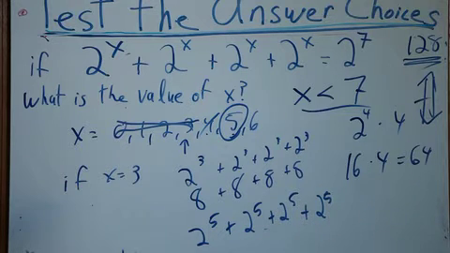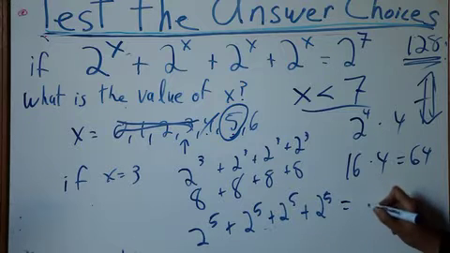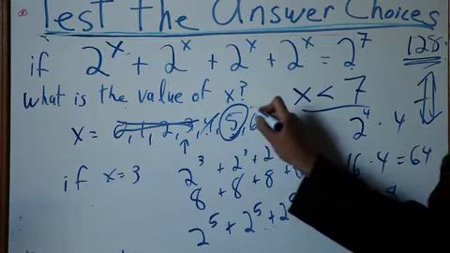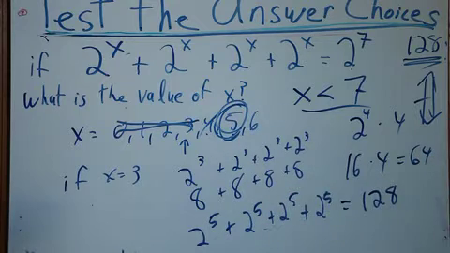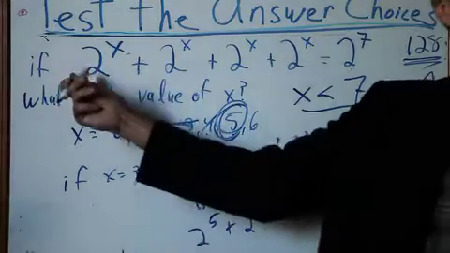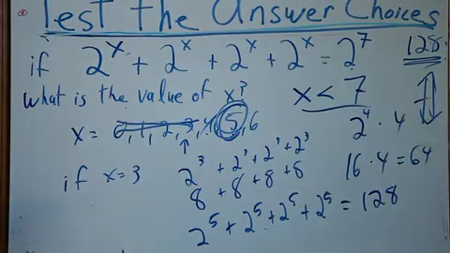Added to itself 4 times would be like multiplying it by 4. And the calculator shows me 128, matching the value 2 to the 7th that I got earlier, and therefore I know that x does in fact equal 5, and there I have my answer, even though I knew very little about how to work with exponents.